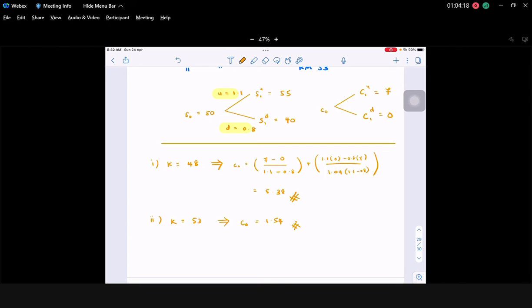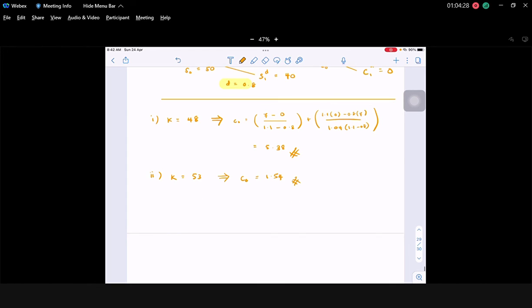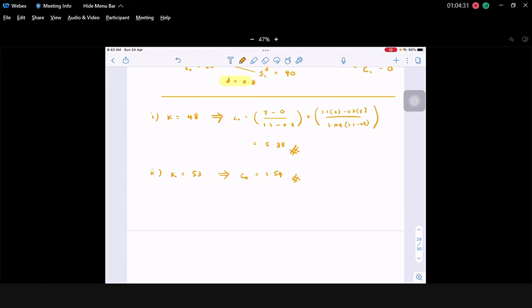Okay, itu untuk call option, just straightforward. Then cuba tengok pula untuk case the same problem.